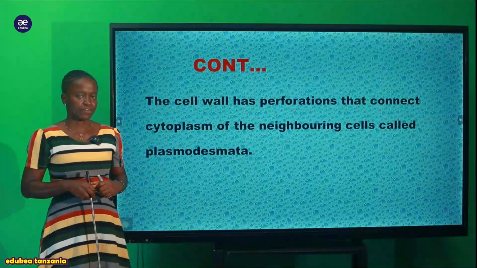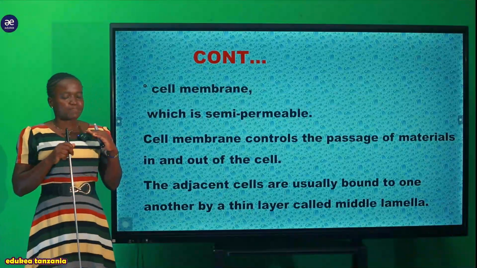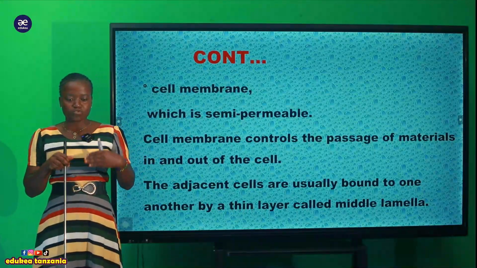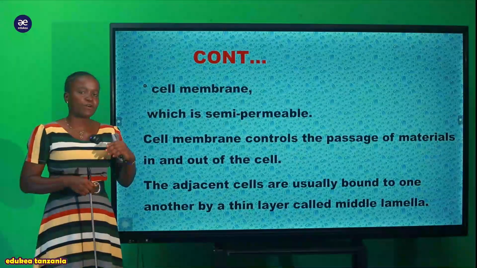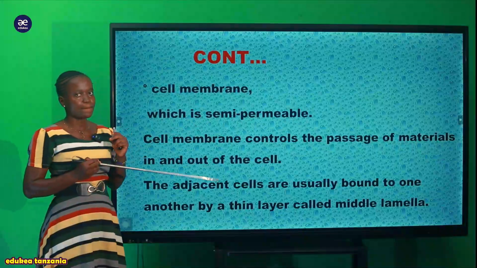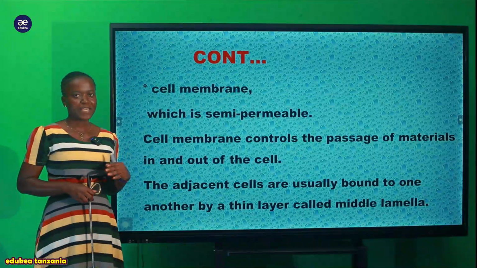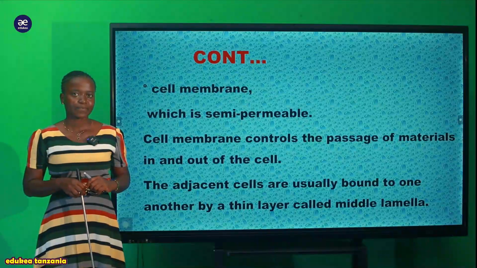Those are small perforations. But also in this plant cell, remember we are discussing the structure of a plant cell. So the next part after the cell wall is called the cell membrane. So we have to see what is this cell membrane.